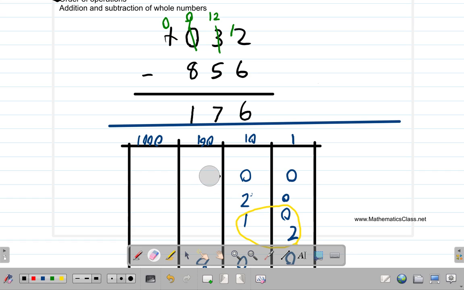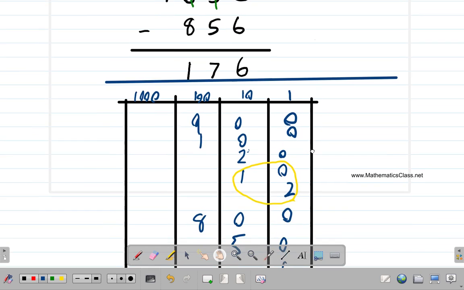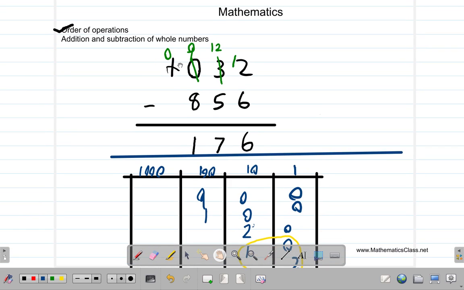This 1,000 is equal to 900 plus 100. You see that? So you borrowed 1. This 1 was here. It became 0. This 9 is this same 9. You see that?